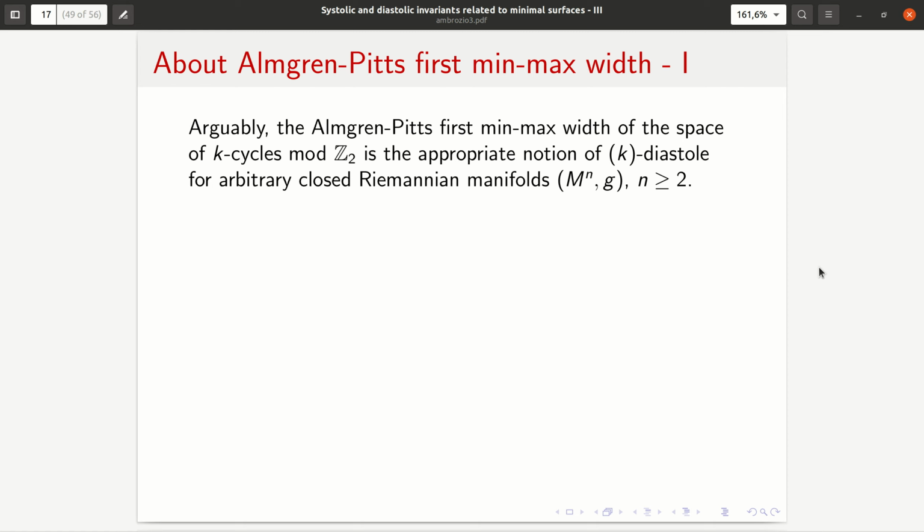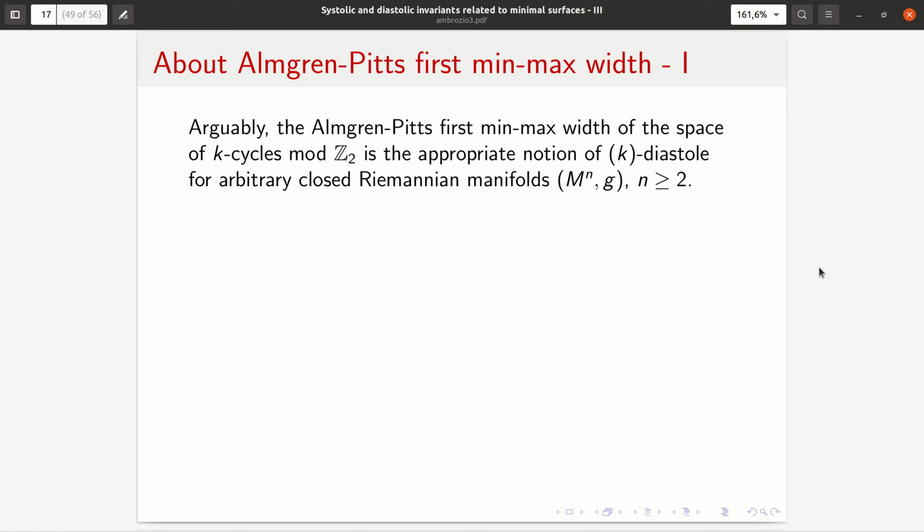So the Simon-Smith min-max procedure is a procedure, in the case of the three-sphere, that restricts the topology of the slices of the sweep-out, right? So we were sweeping out S3 by two-dimensional spheres.